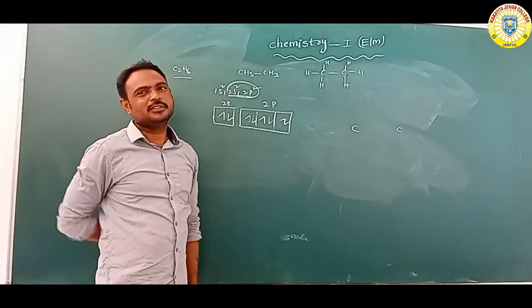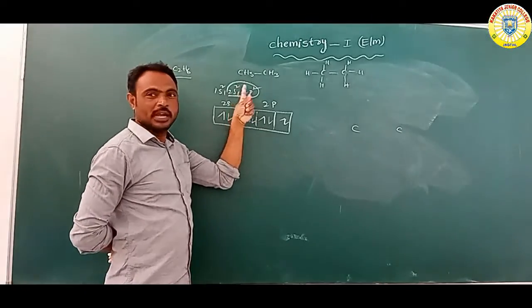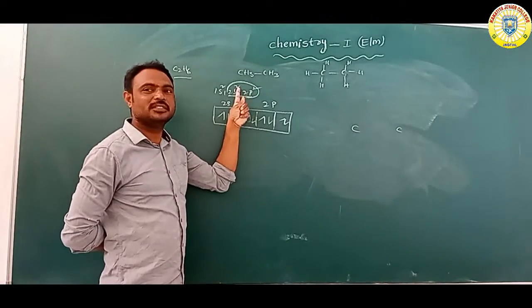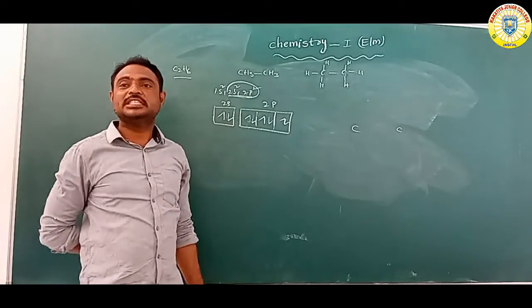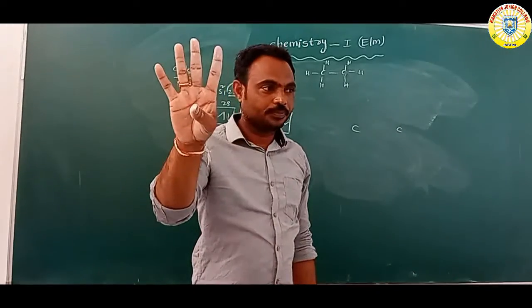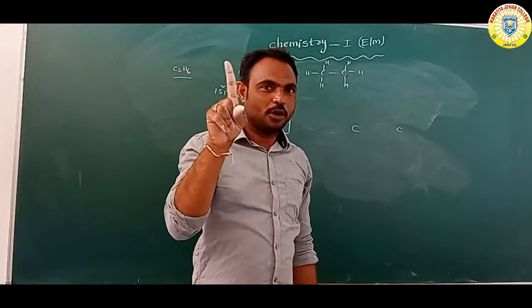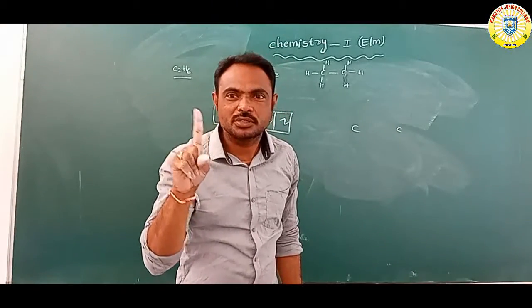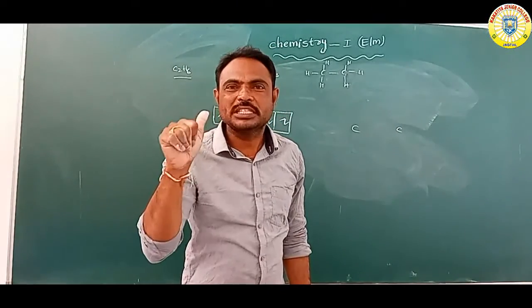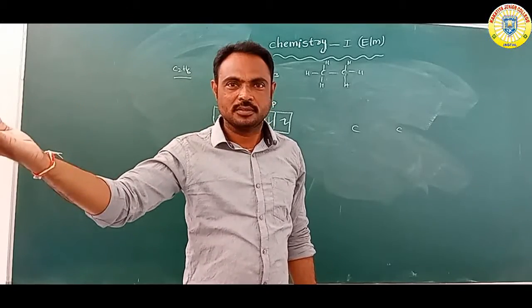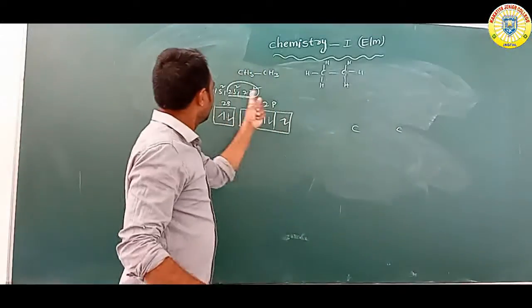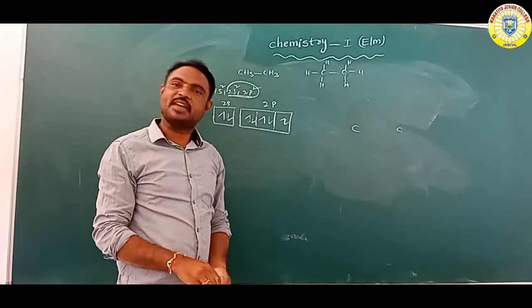How many electrons? 4. So the valency of carbon is 4. It is very important. The valency is the number of outer shell electrons.